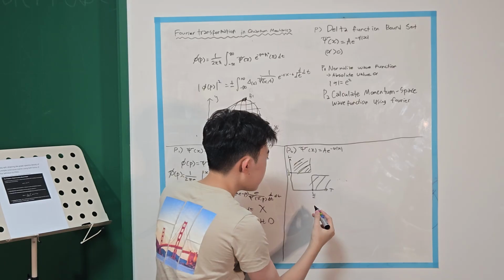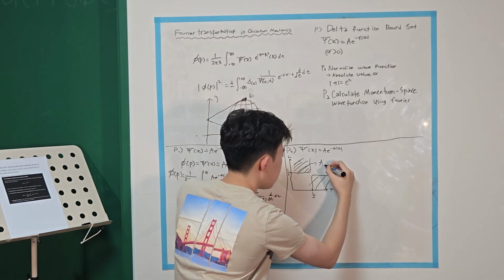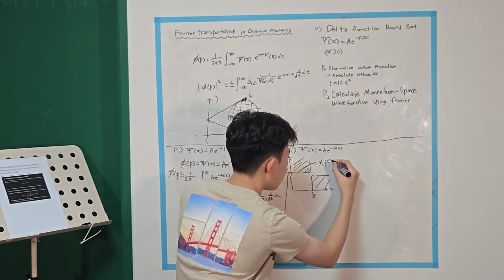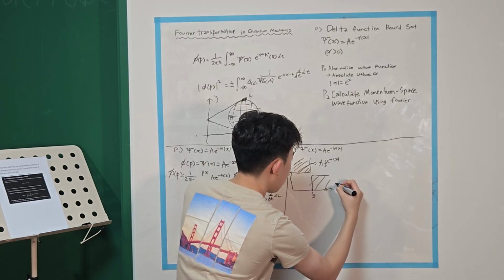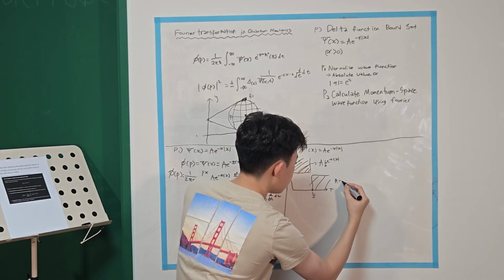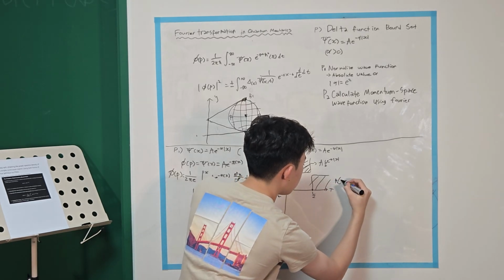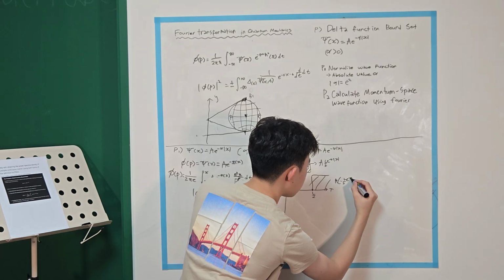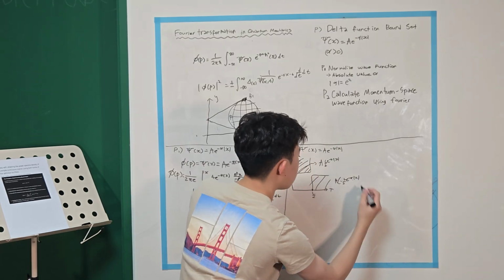And if we just put this in, we get this one to become A 2 over L e. This one's going to be A minus 2 over a times minus 2 over L e minus alpha x.